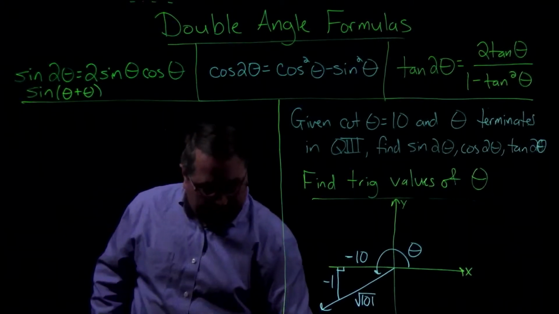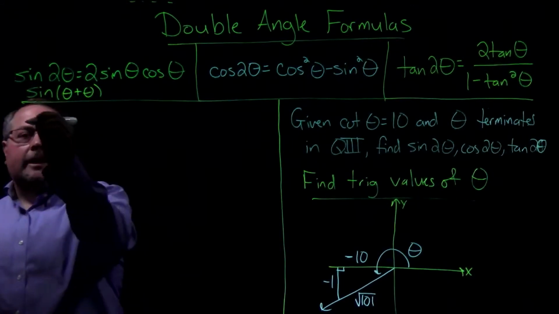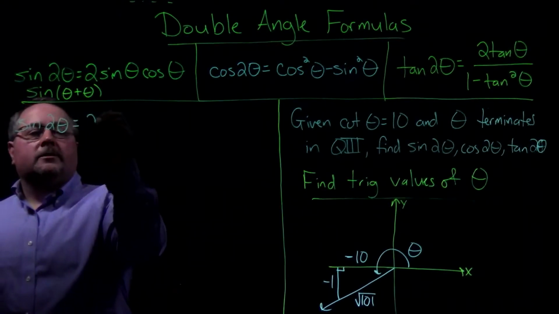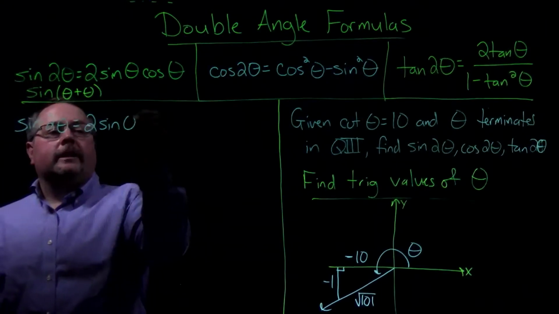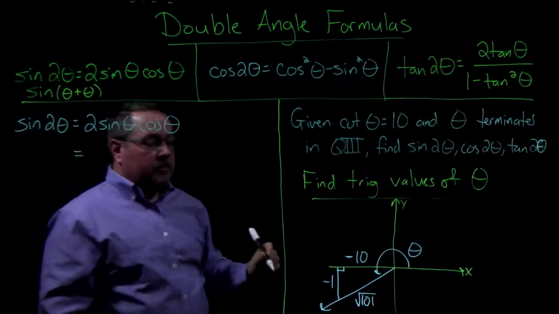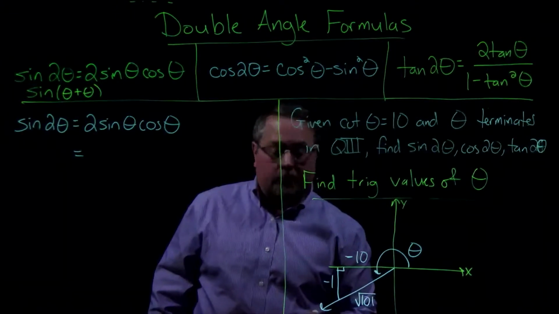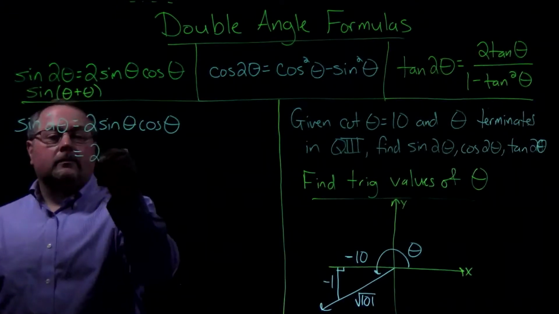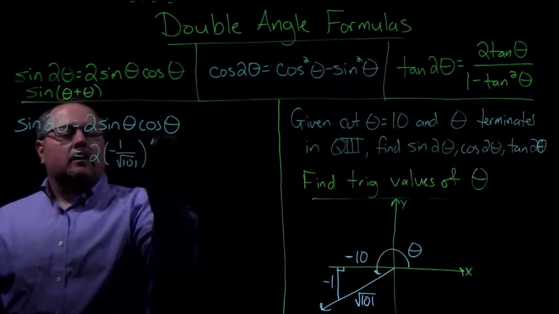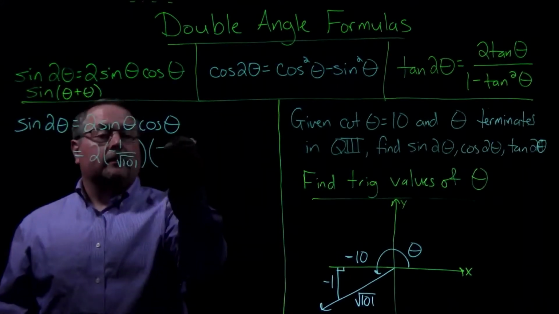Let's start out with the sine of 2 theta. Okay, so the sine of 2 theta is 2 sine theta cosine theta. And looking at our right triangle, we note that the sine of theta is -1 over the square root of 101, and cosine of theta is -10 over the square root of 101.